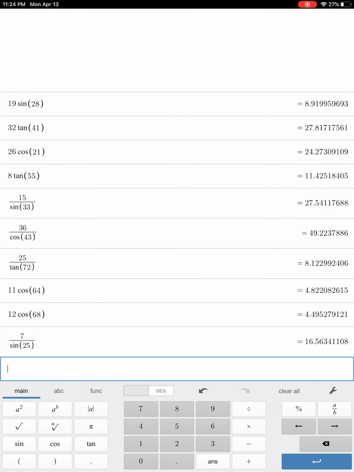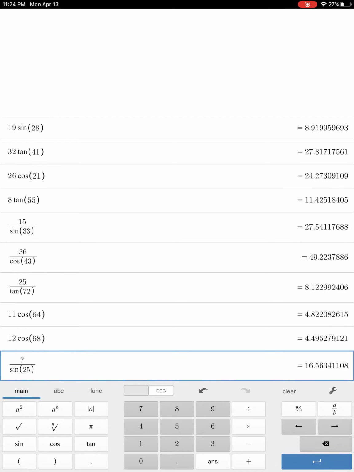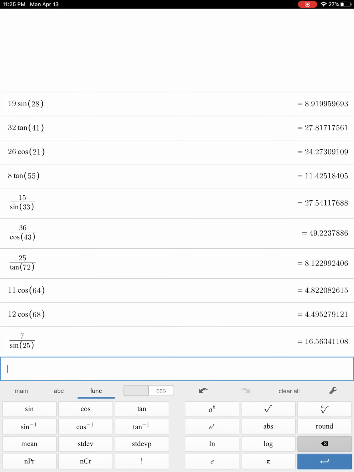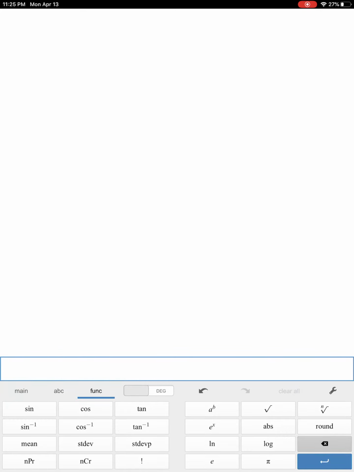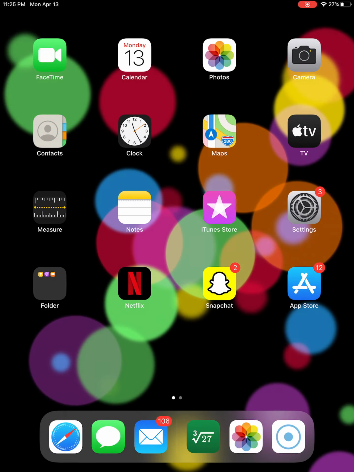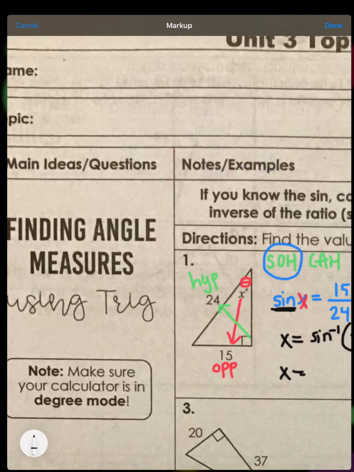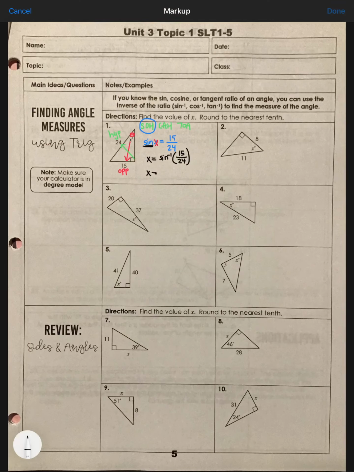We're going to use the Desmos calculator. Once again, you need to make sure that it's in degrees. And you just hold down, you hit the function button, hit inverse sine.